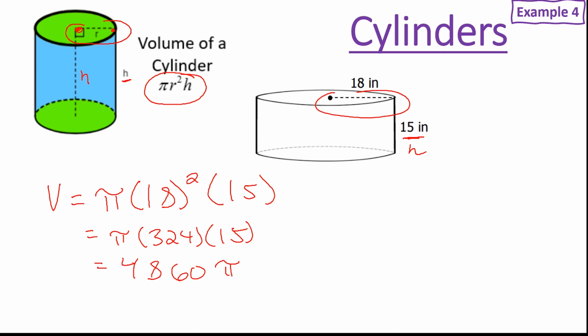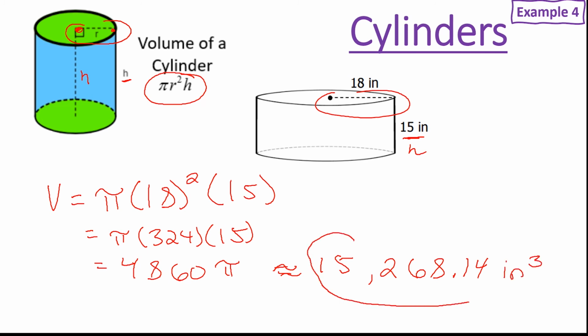When I multiply that through with pi, I get approximately 15,268.14 inches cubed. So we have found the volume of this cylinder, and the cylinder is also a prism because it has the two bases that are a circle.